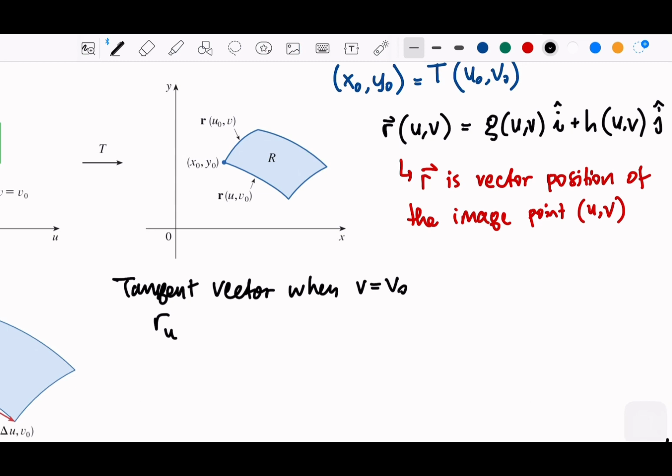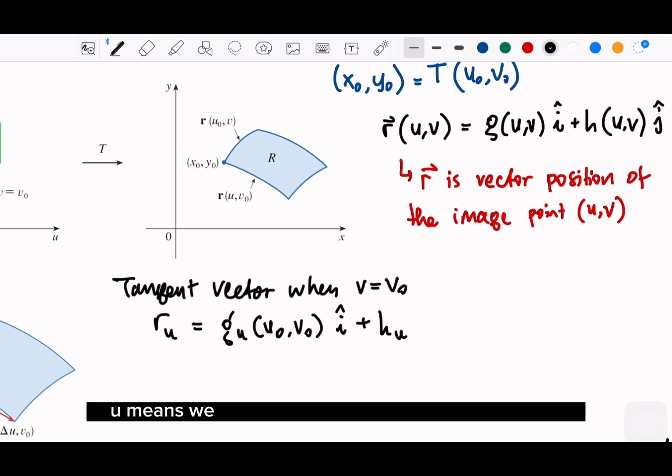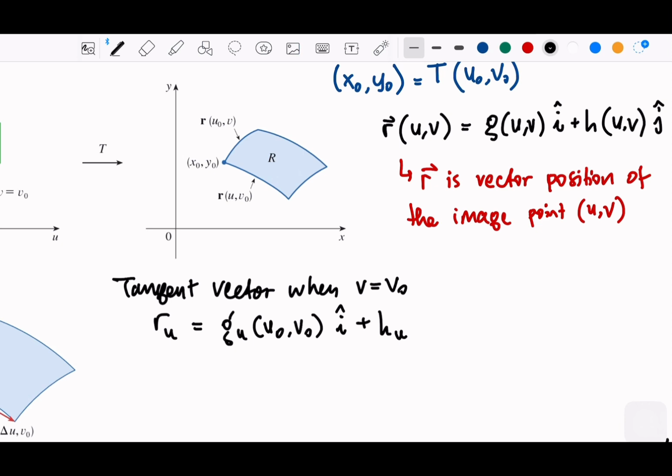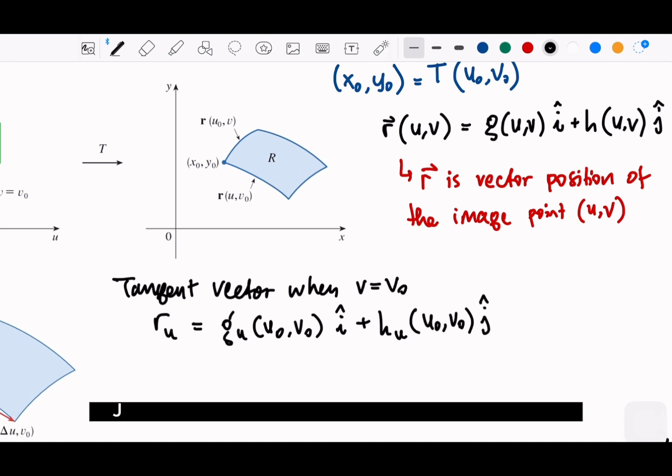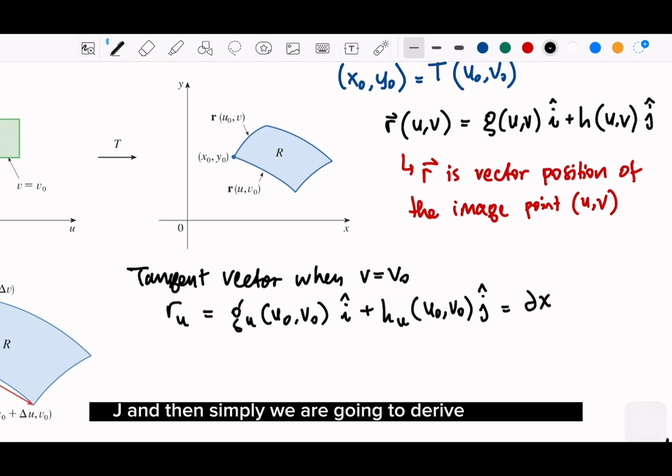So this equals g_u(u0, v0) i plus h_u(u0, v0) j, where u means we are partially differentiating with respect to u, and then simply we derive ∂x/∂u i.